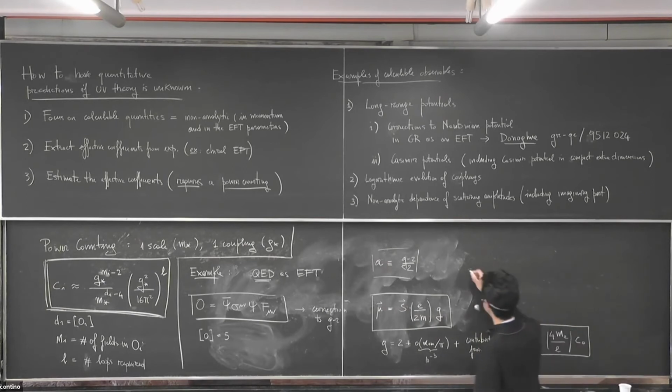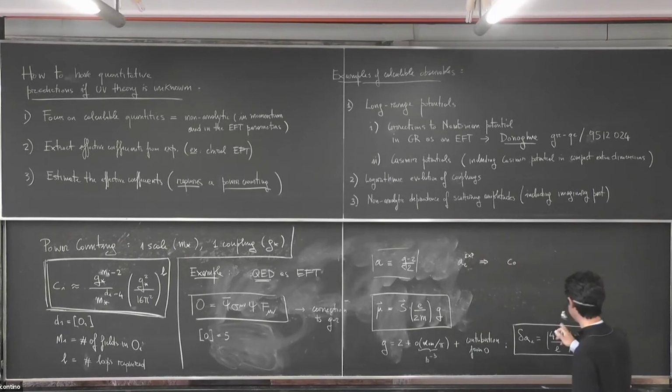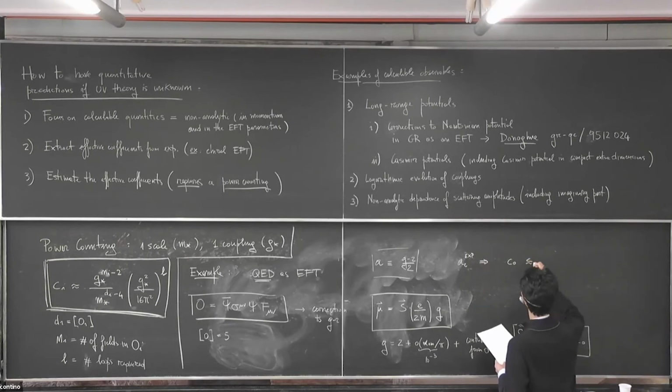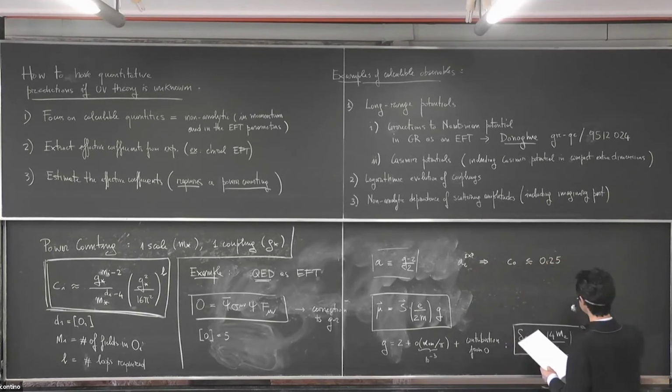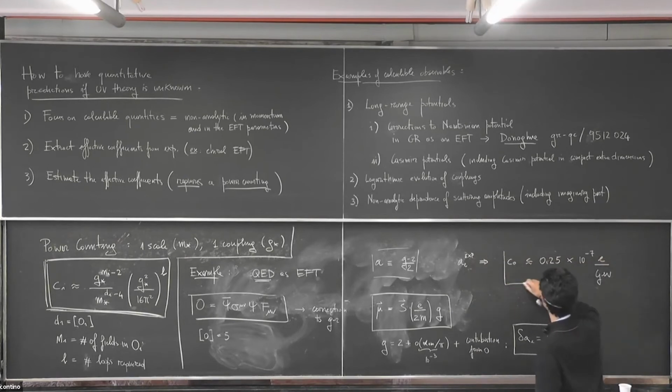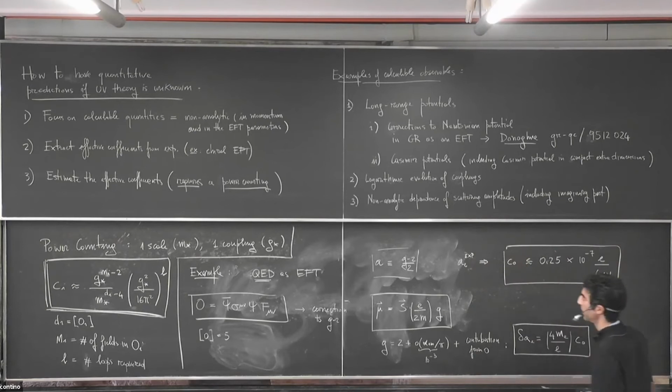So from A_e experimental, you get a bound on C_O, using the fact that there is an agreement between theory and experiment up to terms of order 10 to the minus 10, which goes like this: 0.25 times 10 to the minus 7 per GeV.